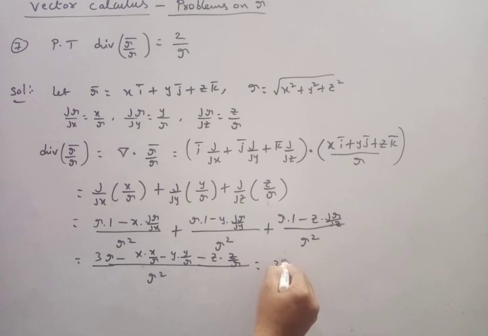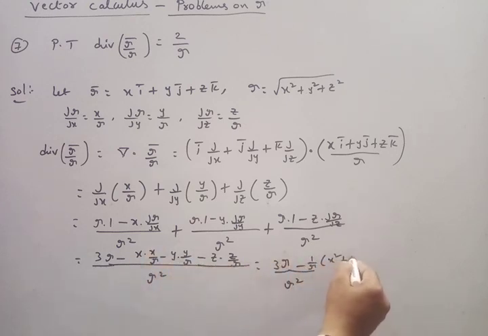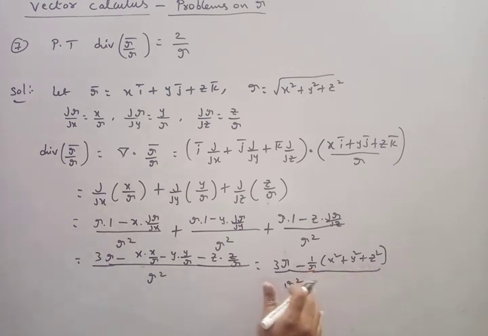That means 3r by r square minus x square plus y square plus z square by r. So 1 by r is common, I get x square plus y square plus z square. So 3r minus x square plus y square plus z square is what? r square by r.